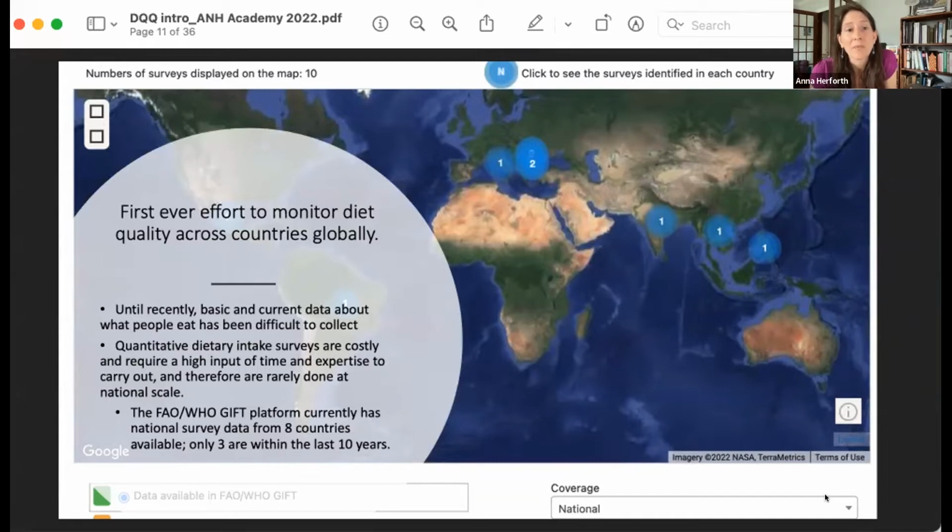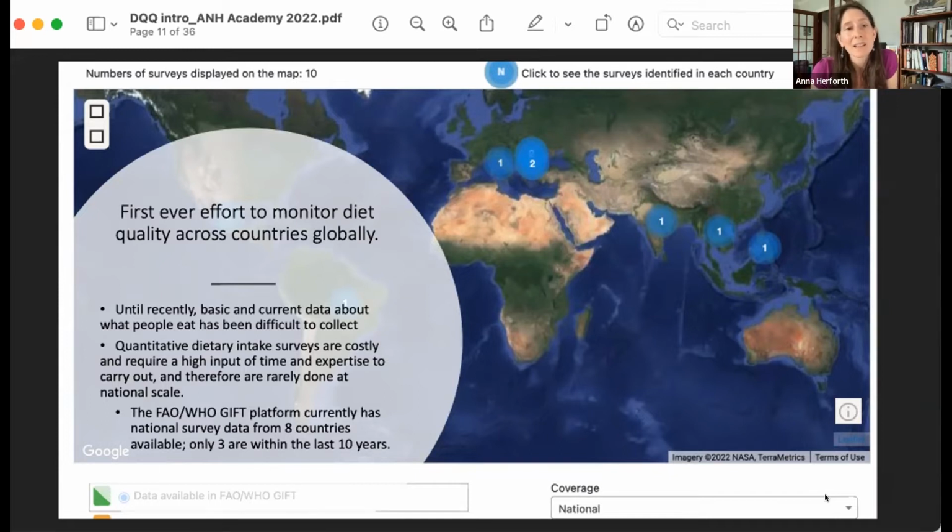They're continuously adding, but right now if you want to look for nationally representative data, currently there's only data from 8 countries and 3 are from within the last 10 years. So this is going to be updated further, but there just is not nationally representative data across many countries.